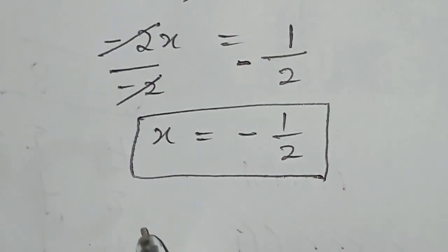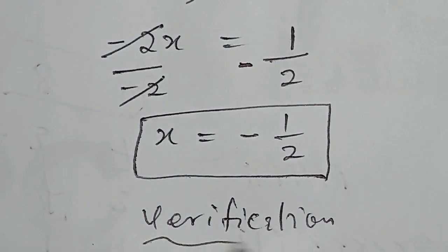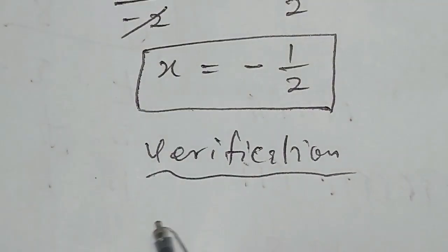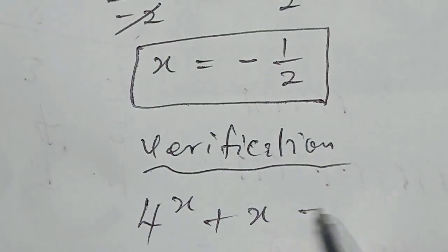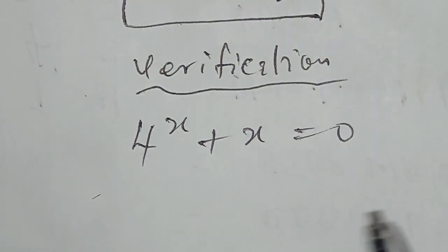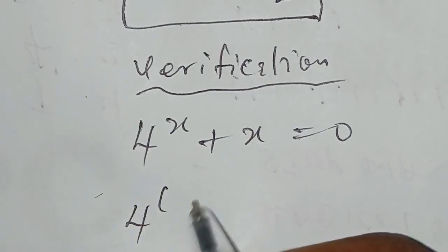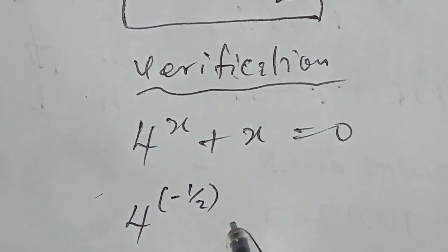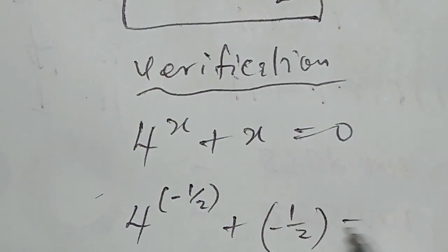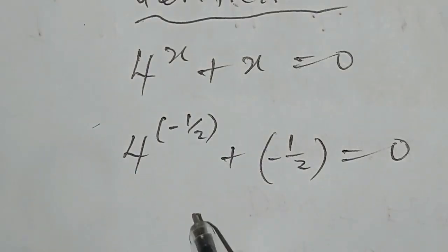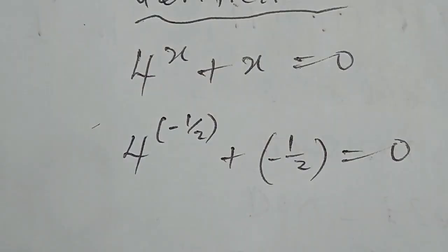Now let's verify this. Verification. From our equation, 4 to the power of x plus x equal to 0 implies that 4 to the power of, into bracket, minus 1 over 2 plus, into bracket, minus 1 over 2 is equal to 0 at x equal to minus 1 over 2.